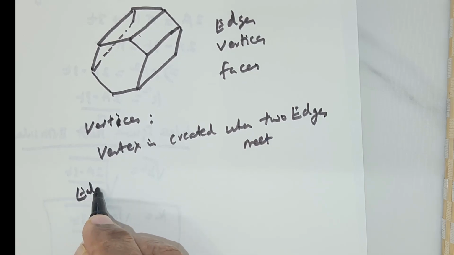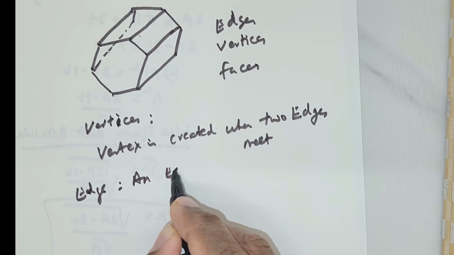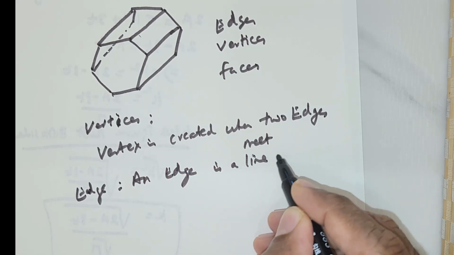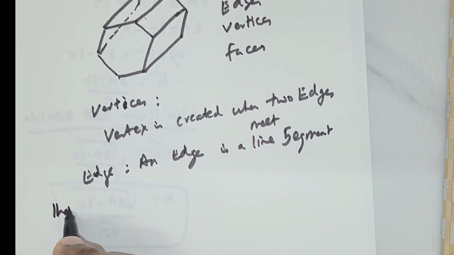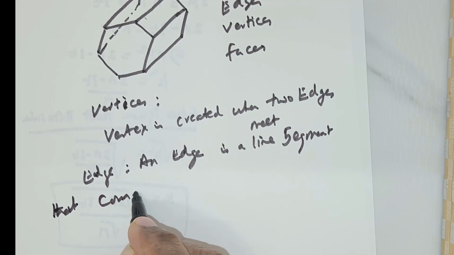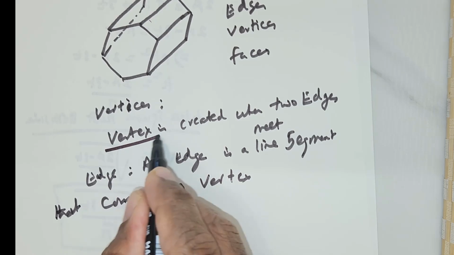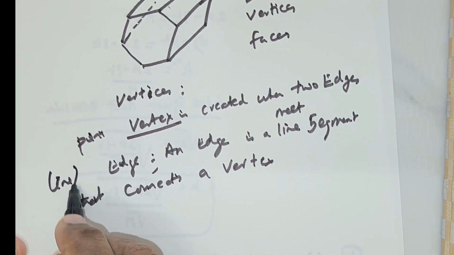And what is an edge? An edge is a line segment that connects a vertex. Now this is a point, this is a line.